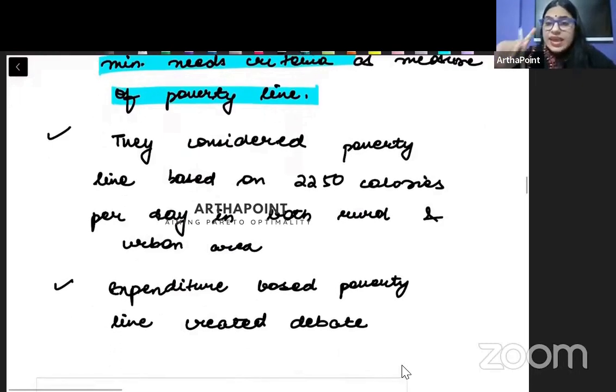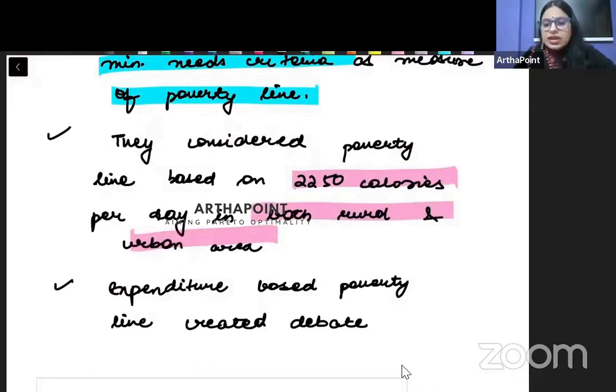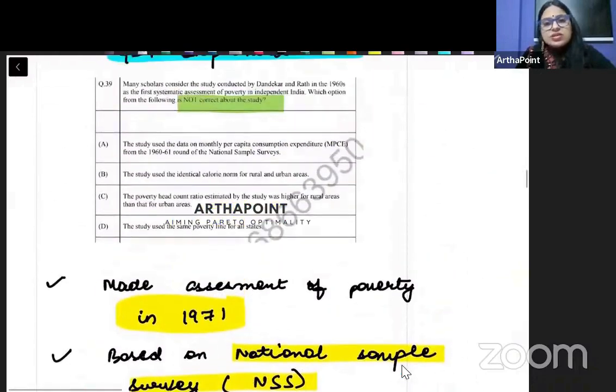But they considered poverty on the basis of calories in both rural and urban areas. तो उन्होंने बोला कि okay, let us first calculate how many calories are required for your existence, and then we will convert these calories in terms of money. कि उन calories को consume करने के लिए कितना पैसा चाहिए, right? So this is their study.